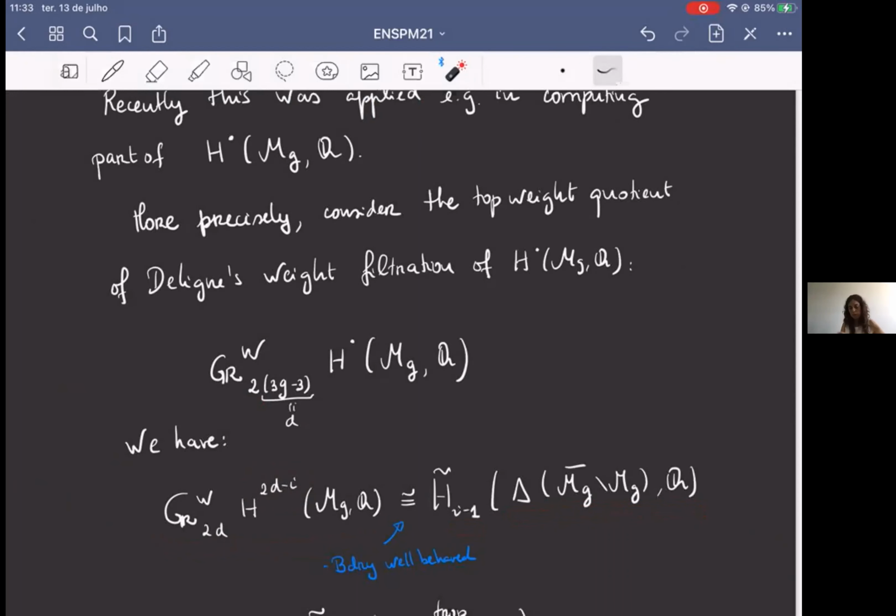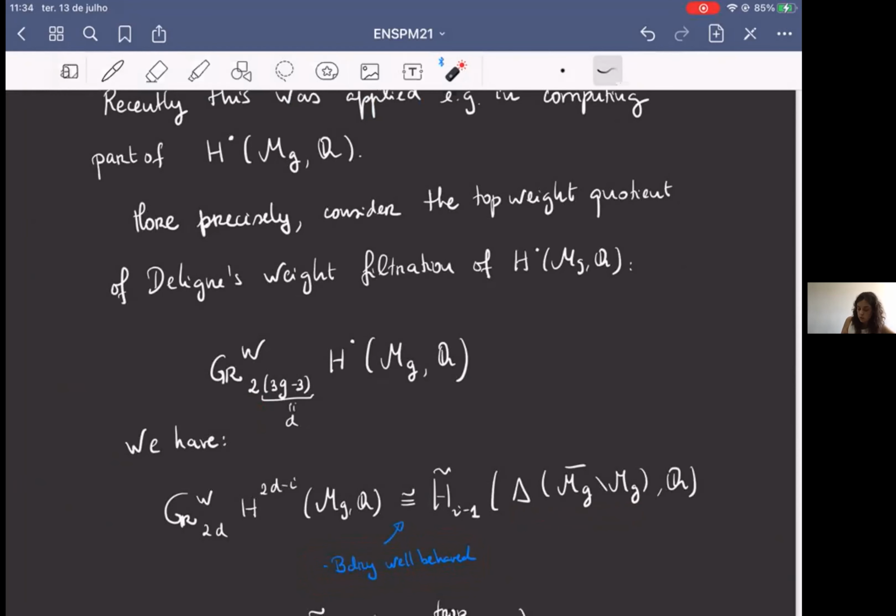So the top weight cohomology of your Mg in degree 2d minus i is going to be given by the reduced homology of degree i minus 1 of the boundary complex of Mg, if you have a well-behaved boundary.